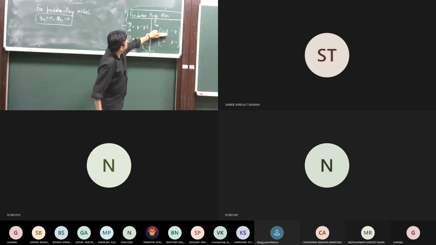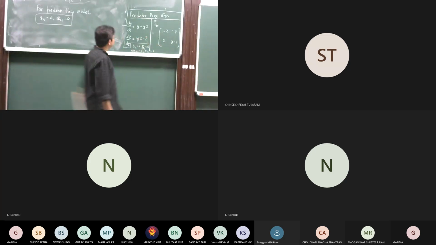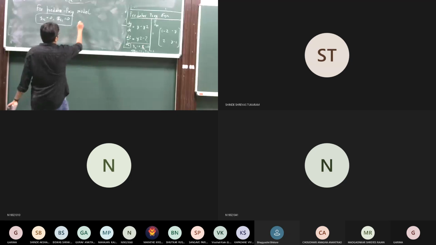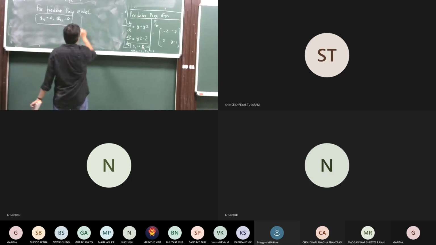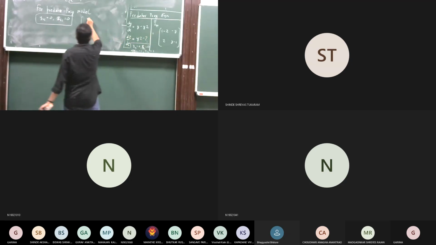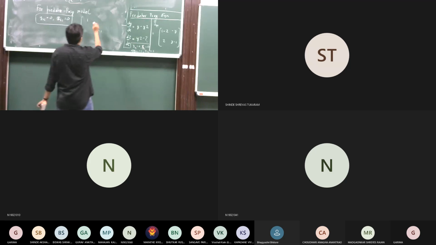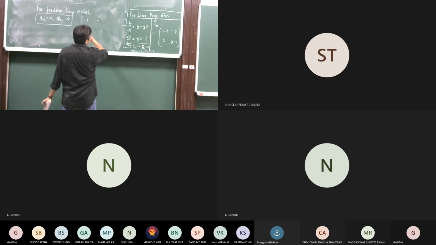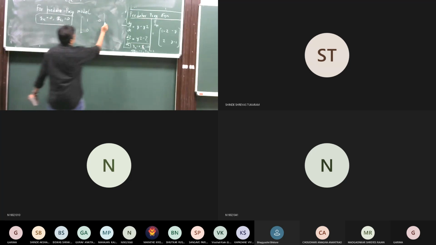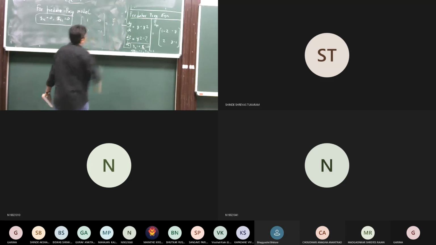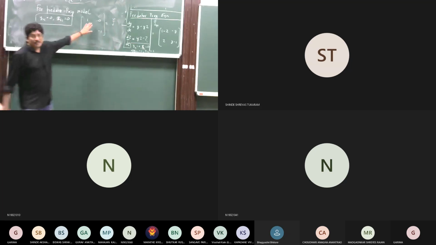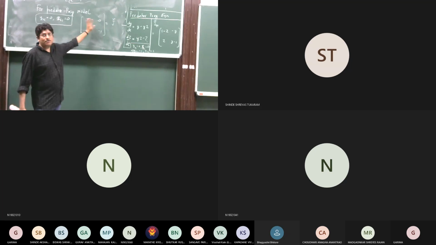This was the corresponding J matrix, the Jacobian. For this particular steady state, what is my J matrix? I just substitute X is equal to 0, so this is 1, Y is equal to 0, so this is minus 1, and this is 0. For this particular steady state, this would be the corresponding Jacobian.